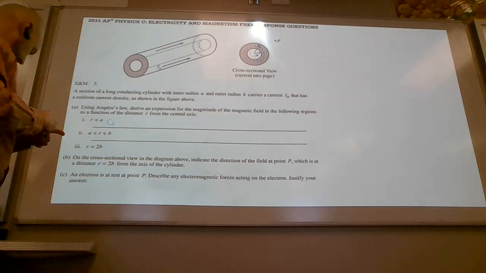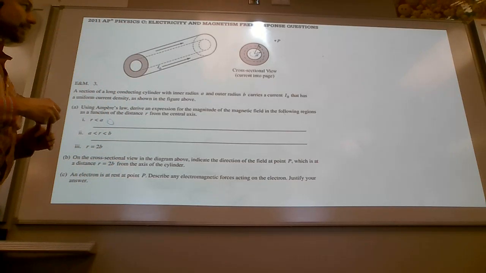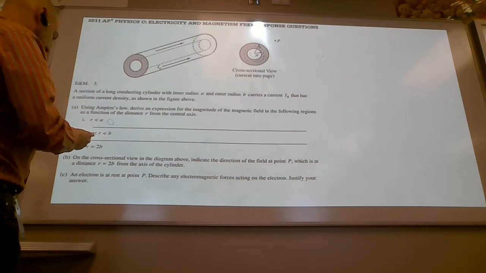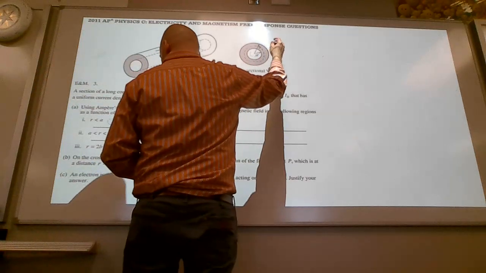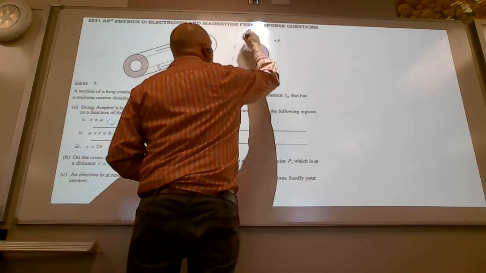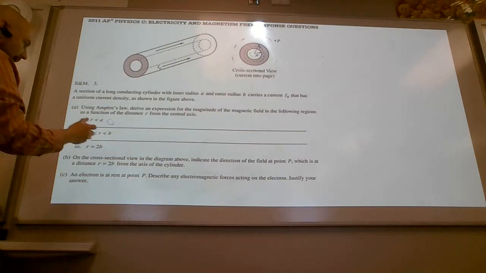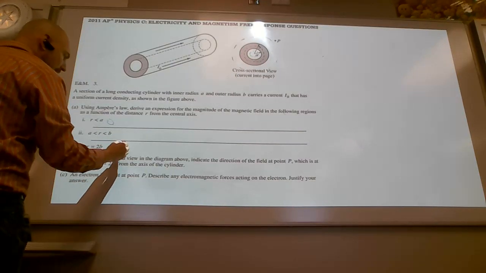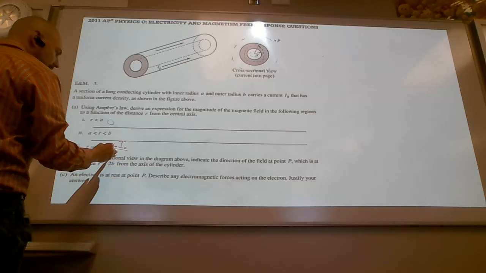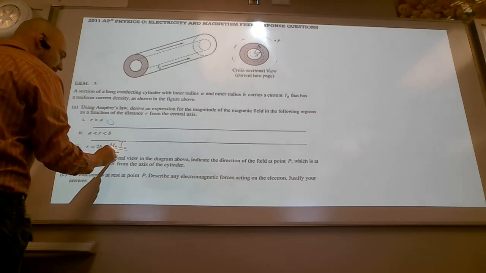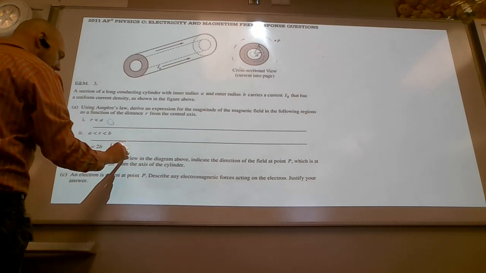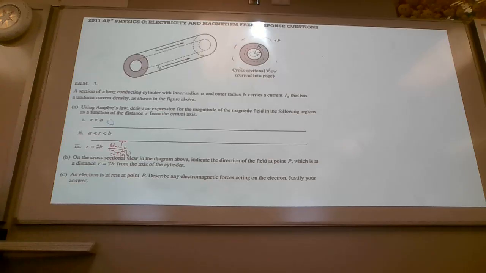This is not as easy as we thought. Yes, that is easy. That's just mu naught I naught over 2 pi r, for the region outside, r greater than b.